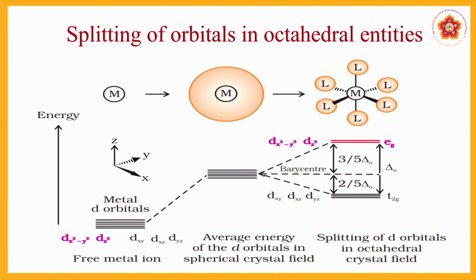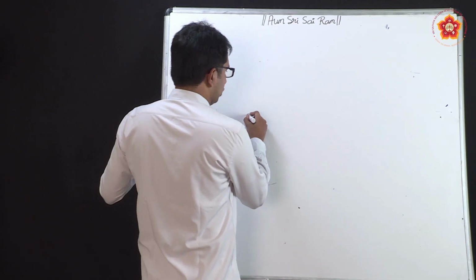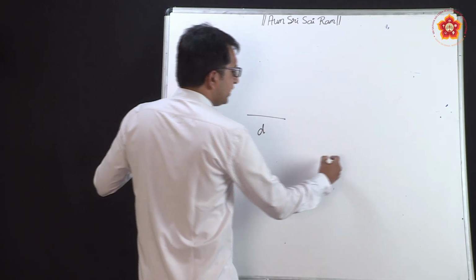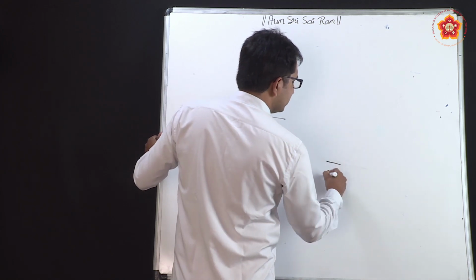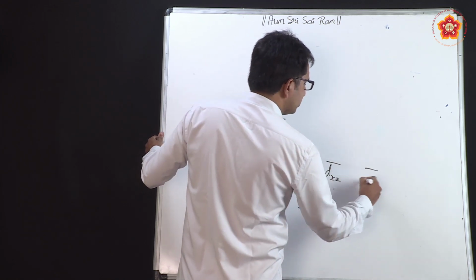What is now important in this understanding is that once we get these types of orbital systems, the question arises: how will you fill the electrons in this system? Remember that whenever we have to give stability to compounds, the stability factors only come whenever there is a splitting of the electron system.